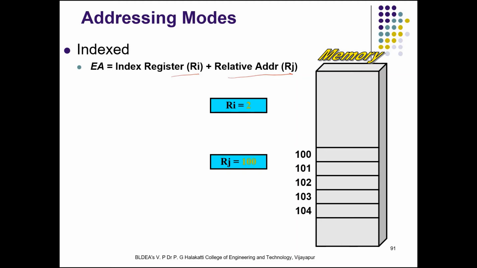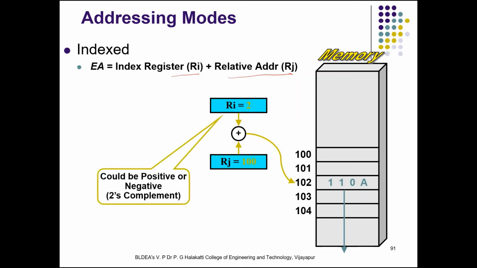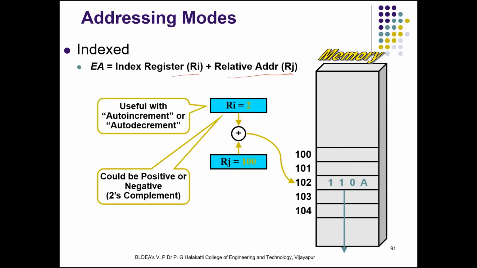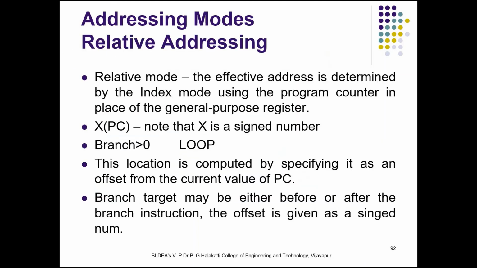Earlier we had seen this with respect to X. Here I am taking the content of 2 registers, as for a 2-dimensional array, so that we get the effective address as Ri plus Rj. So Ri can be positive or negative. Now it will be useful when we are performing auto increment or auto decrement.